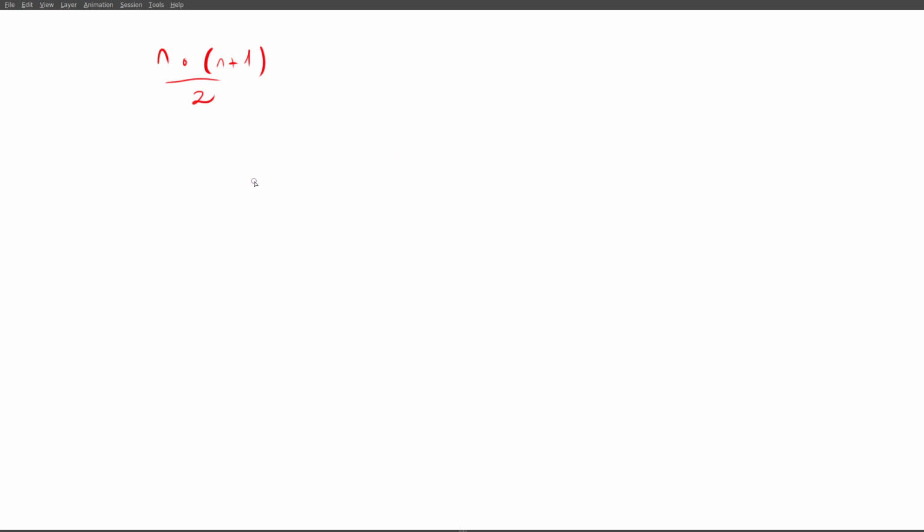One, let's say, intuitive way of coming up with it is to notice that every subarray has to start at a certain element. If it starts at the first element, we have n different options for its length, because it can have 1 element, 2 elements, perhaps all the n elements. If it starts at the second element, then we have n minus 1 options.